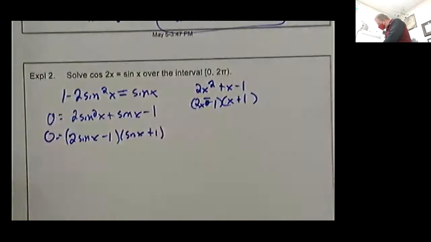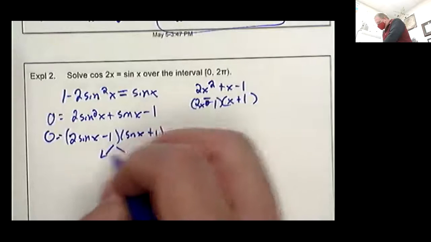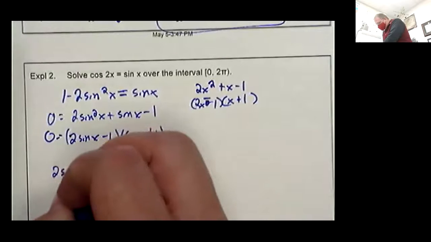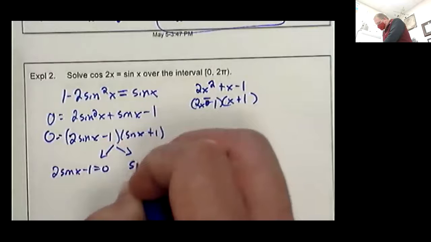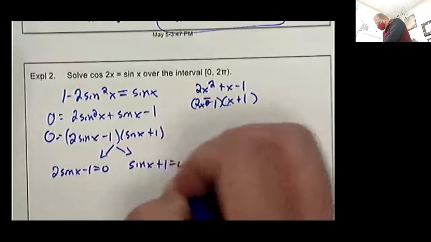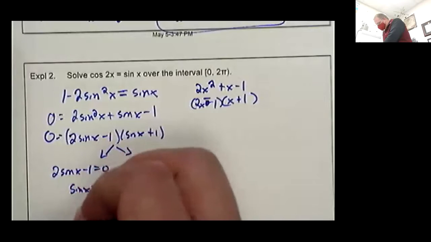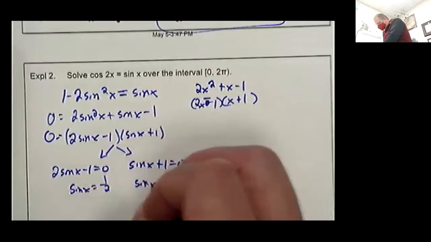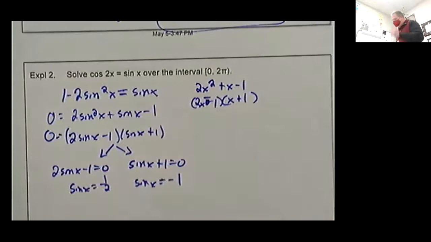That equals 0. So again, that takes us to our zero product rule. 2 sine of x minus 1 equals 0. Sine of x plus 1 equals 0. Therefore, sine of x has to equal 1/2. Sine of x is equal to negative 1.